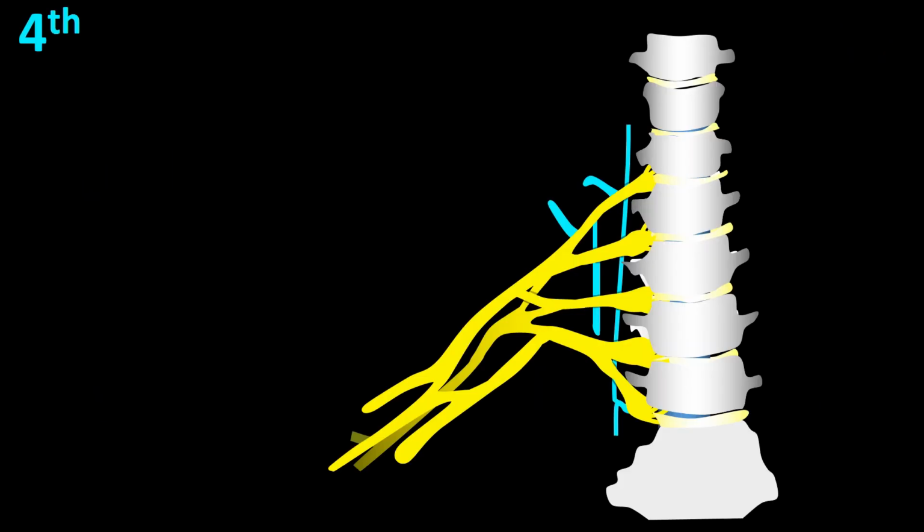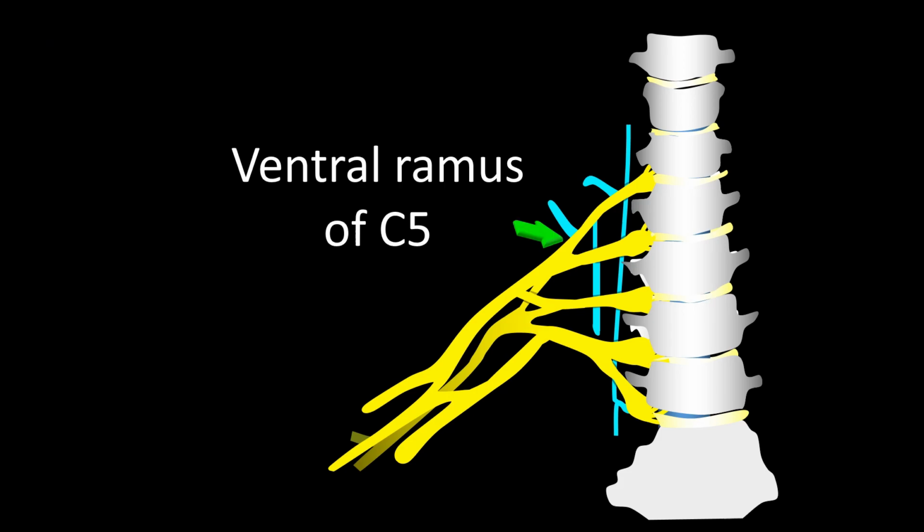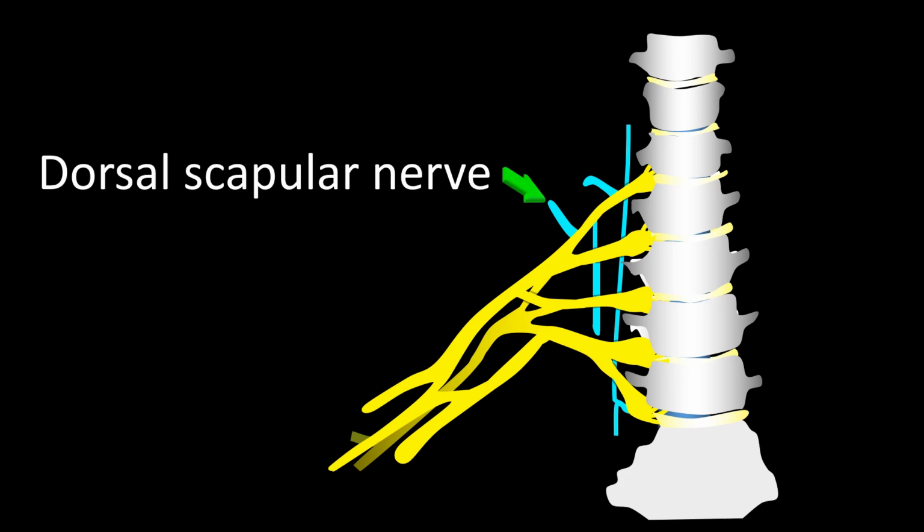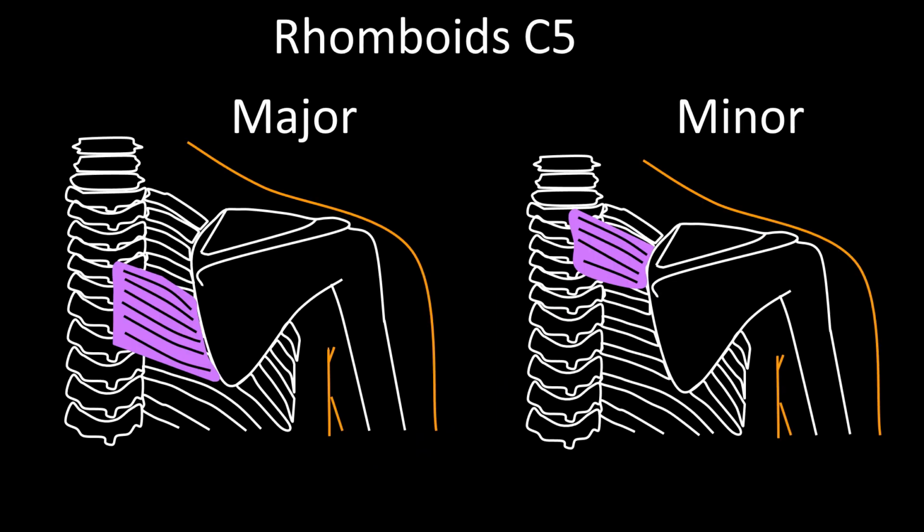The fourth nerve arising from the proximal region of the brachial plexus does so from the ventral ramus of C5. The nerve is called the dorsal scapular nerve. This nerve supplies the major and minor rhomboids. They have 2 actions.